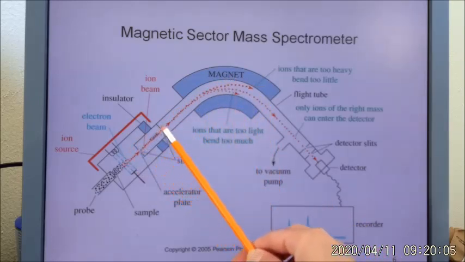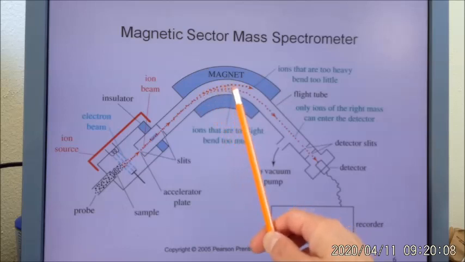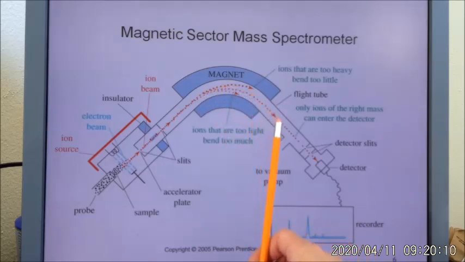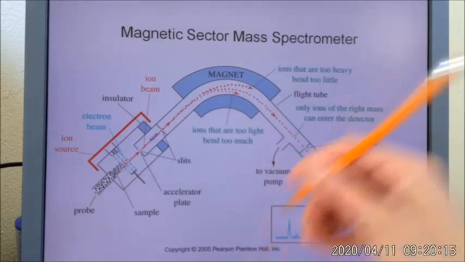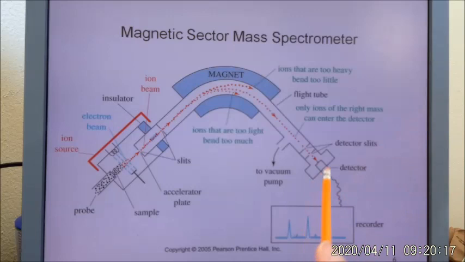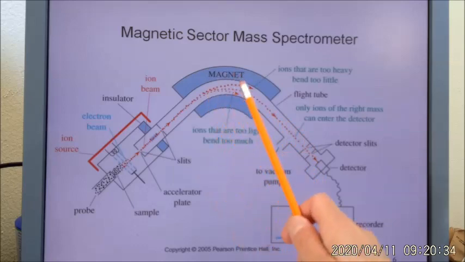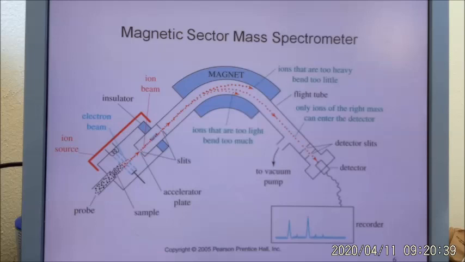So only those cations that match that magnetic field can follow your flight tube and make it through your detector slits and then into your detector. We count the number of ions there, and that's how you get your intensity. As we scan the various magnetic fields, that allows us to tune it so we can get our small, light ions, our heavier ions, and then the ones that are heavier even past that as we change our magnetic field.